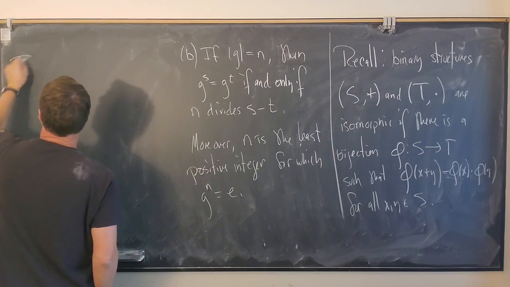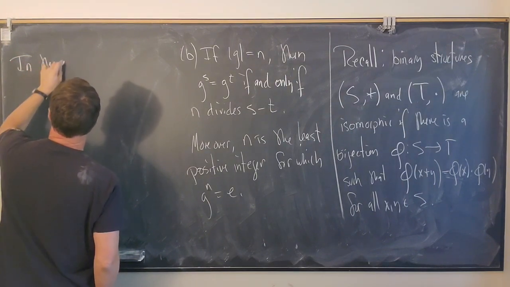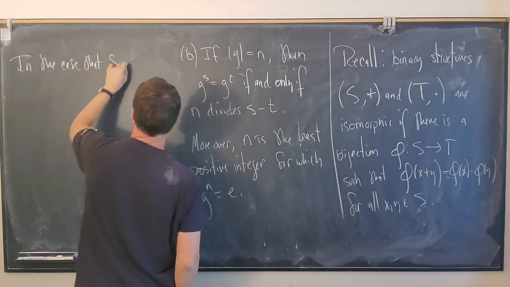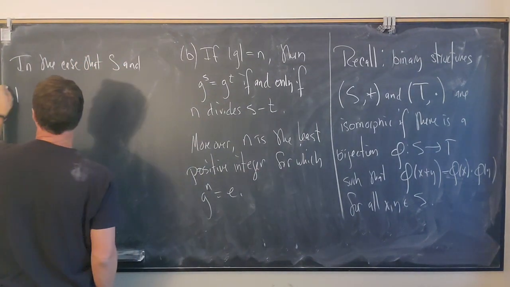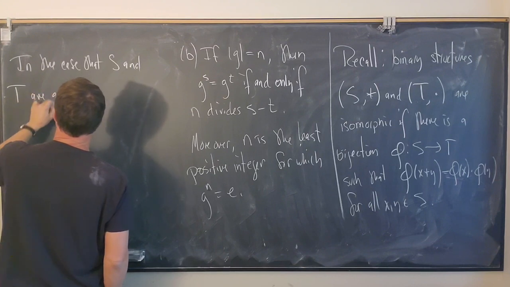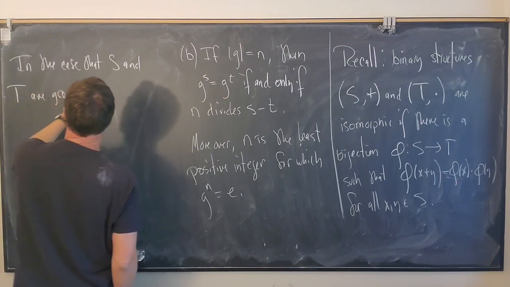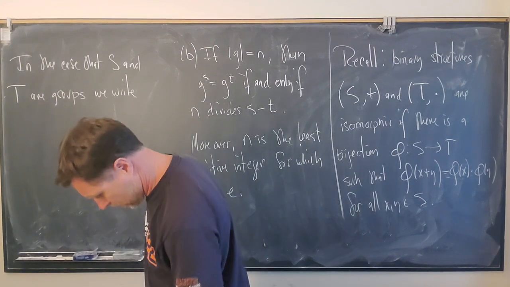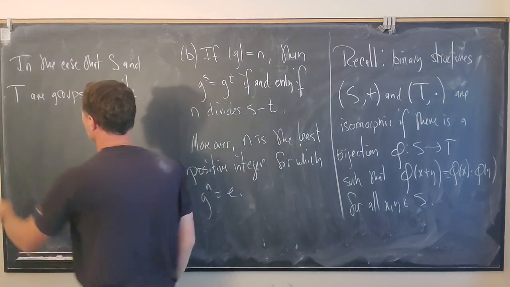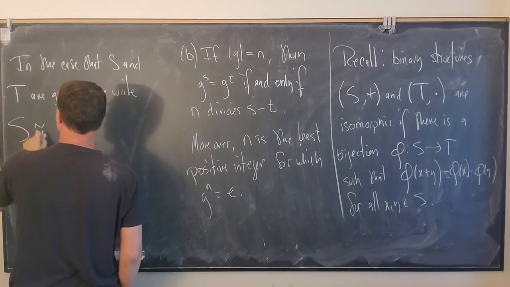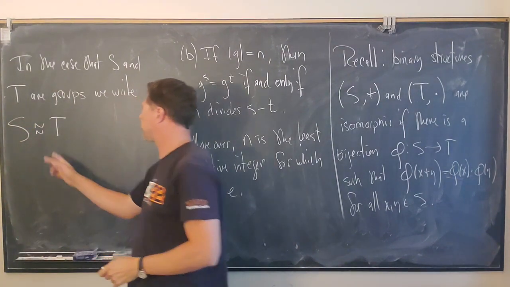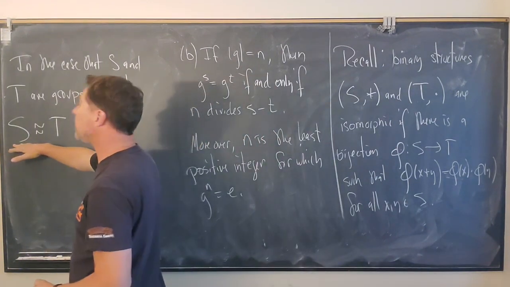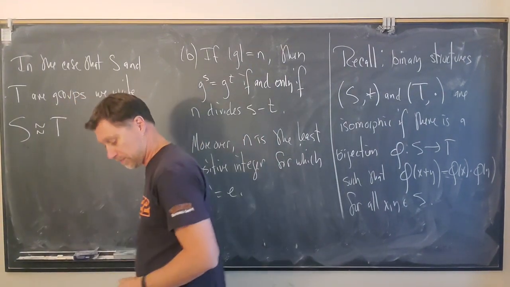So in the case that S and T are groups, the symbol that we'll use is a little equivalence bar, a double tilde. And this symbol you would read as, S is isomorphic to T.